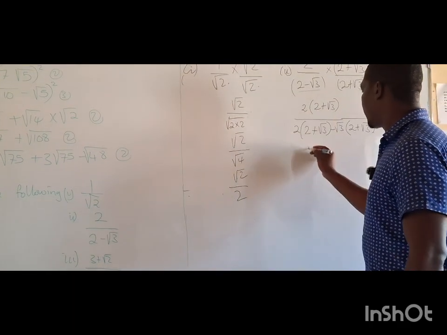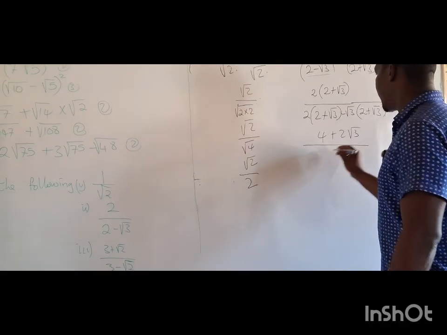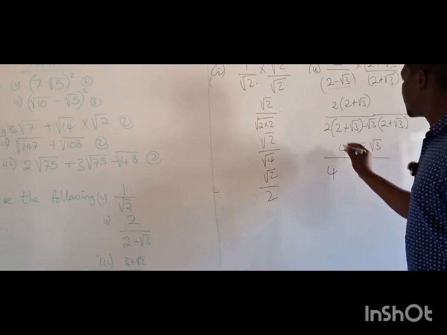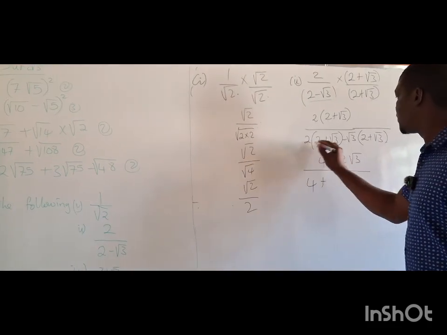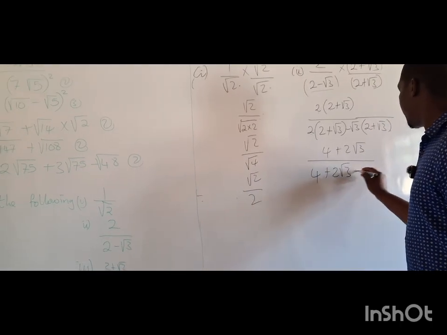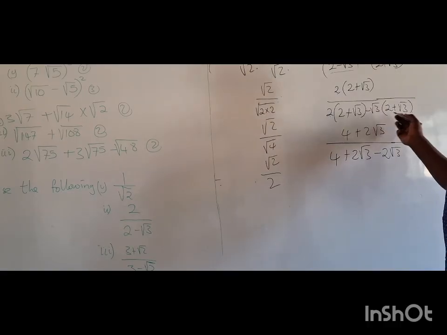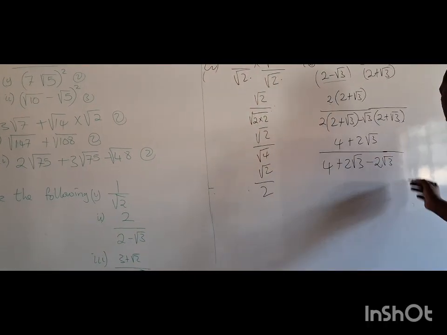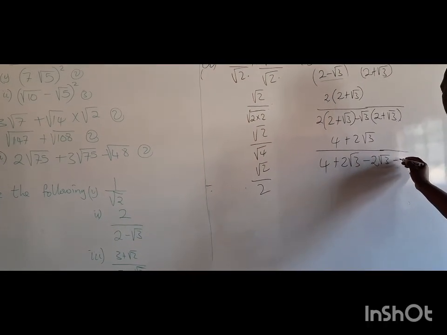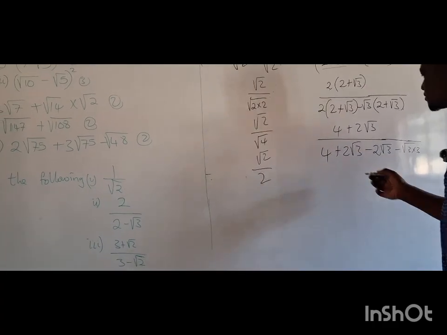So we are having 4 plus 2 root 3 over 4, 2 times 2 is 4, plus 2 times root 3, you're having 2 root 3, minus 2 root 3, minus root 3 times 3 is same as root 3 multiplies under the same root.